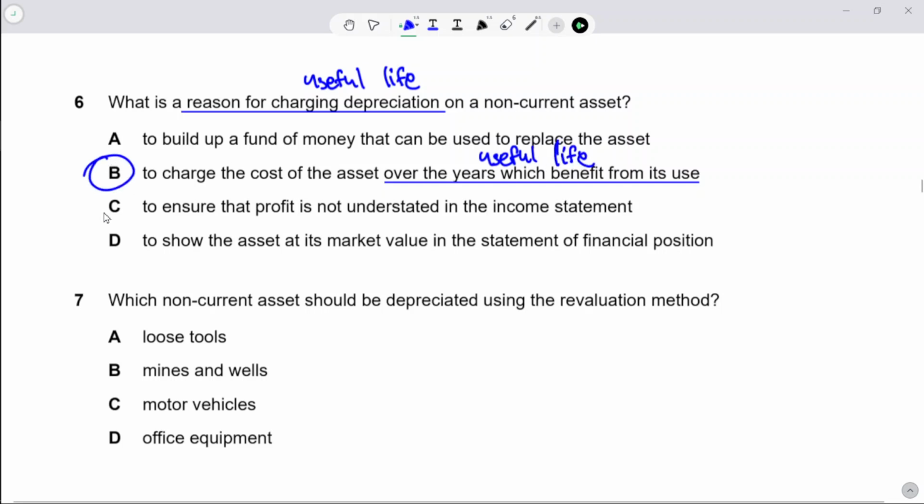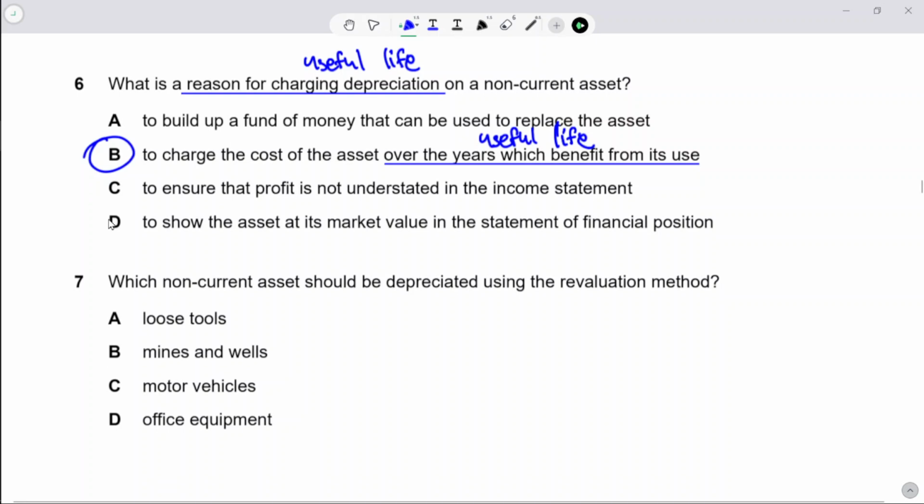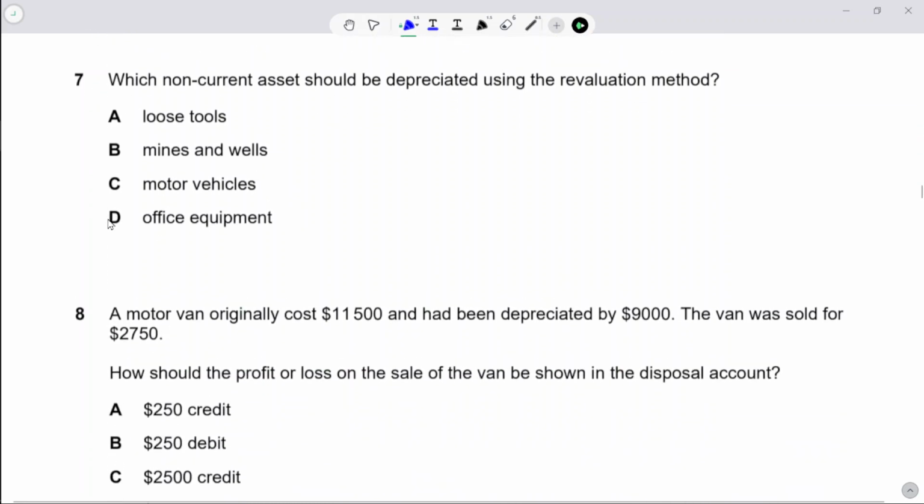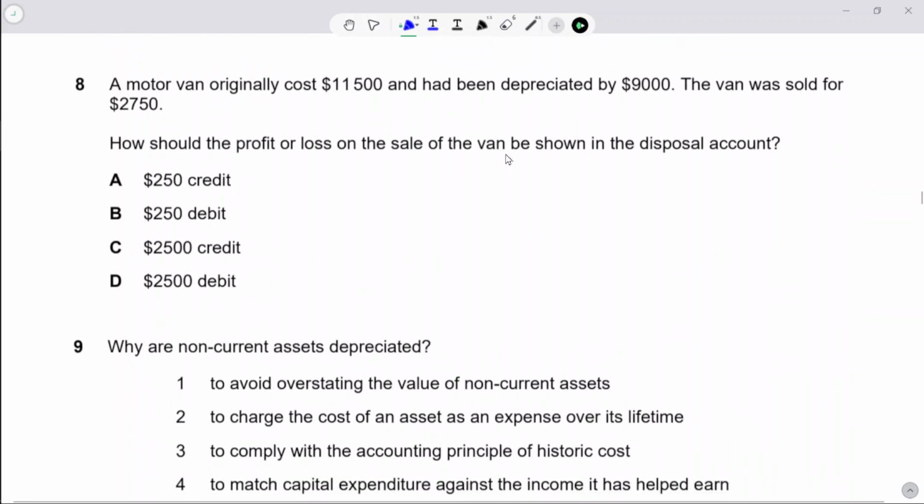Here it is B. And the revaluation method is normally used based on experience. Continue.